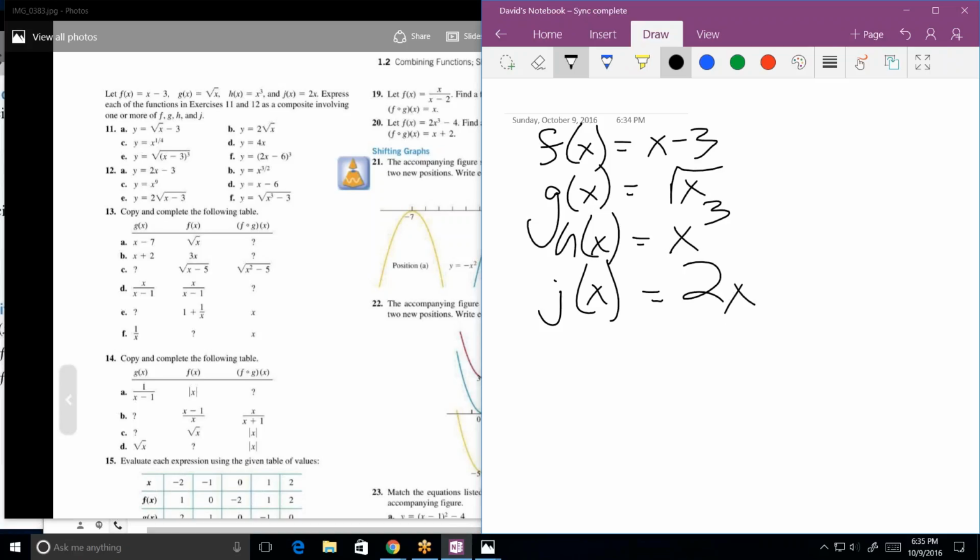Express each of the following as a composite involving one or more of those functions.